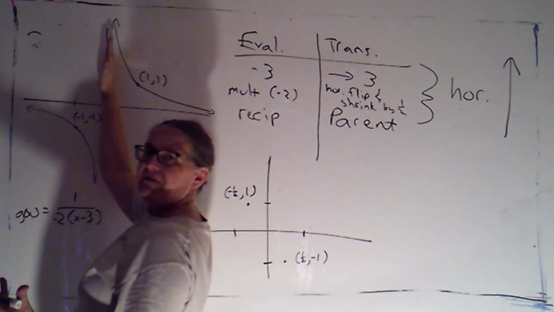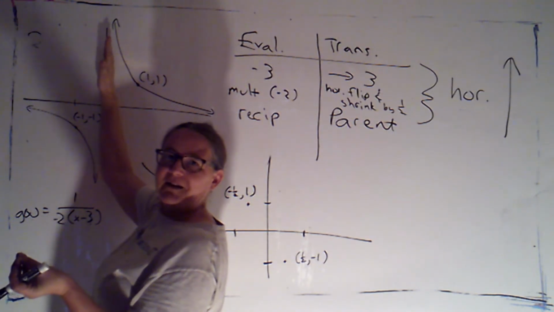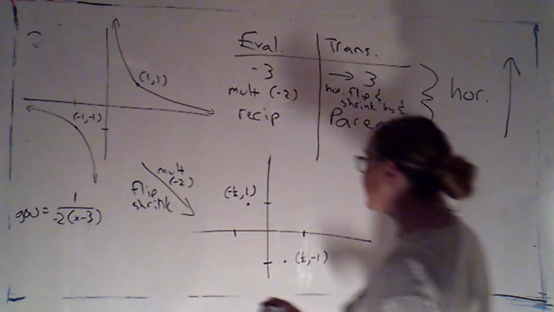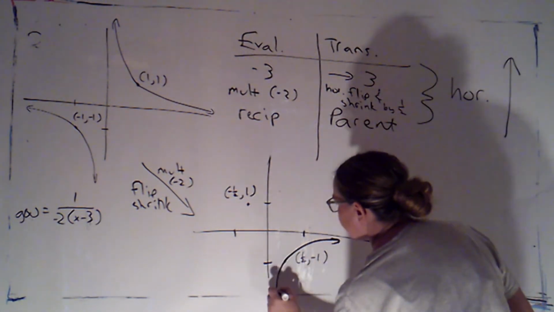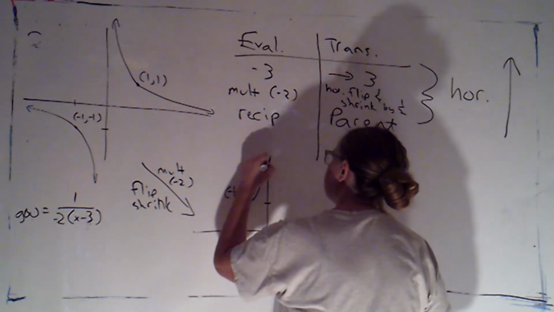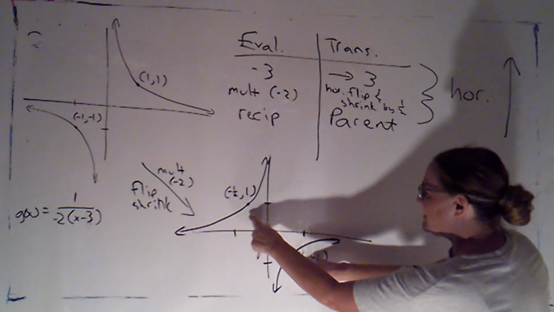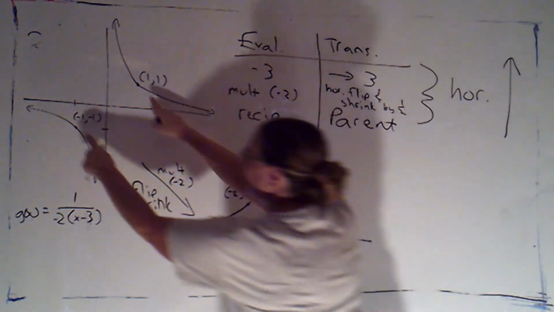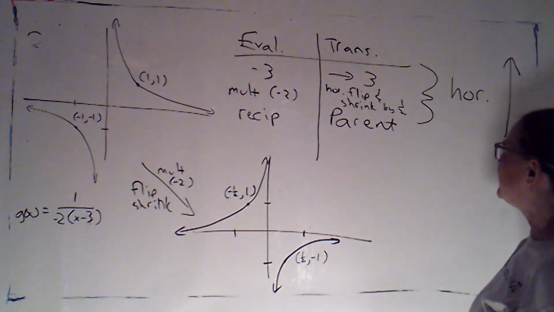Well, I'm changing x values, but 0 doesn't get changed when I multiply or divide it by a number. So my asymptotes have not moved in this case. So I still have a horizontal asymptote on the x-axis and a vertical asymptote on the y-axis. It's just these points right here, which I'll sort of informally call turning points, those have moved.